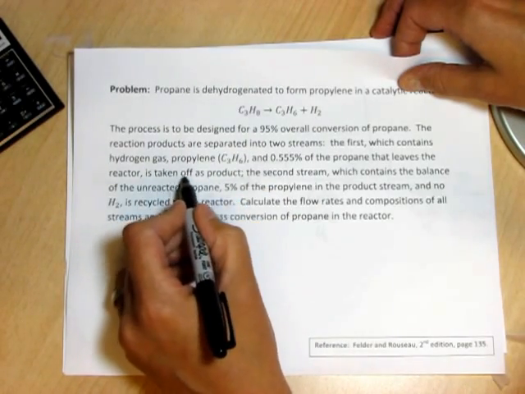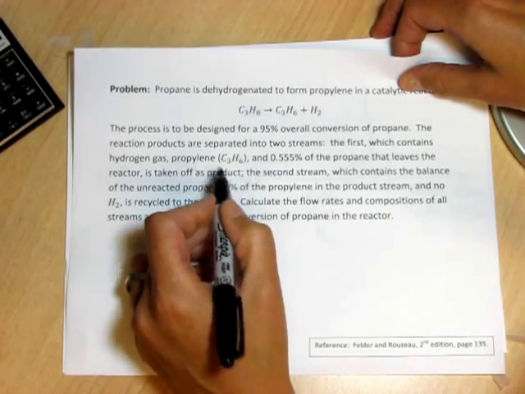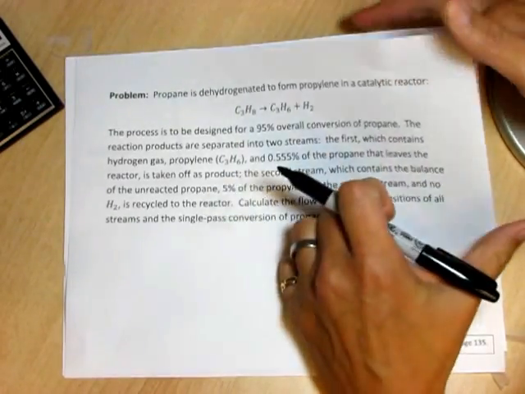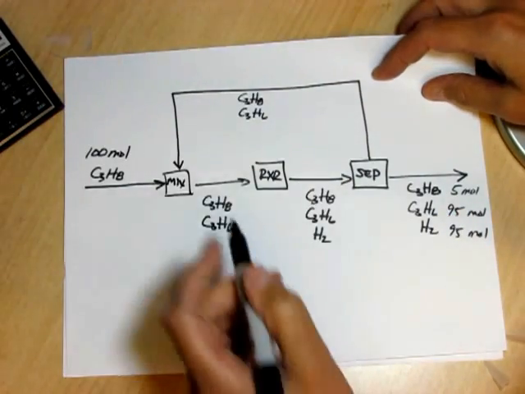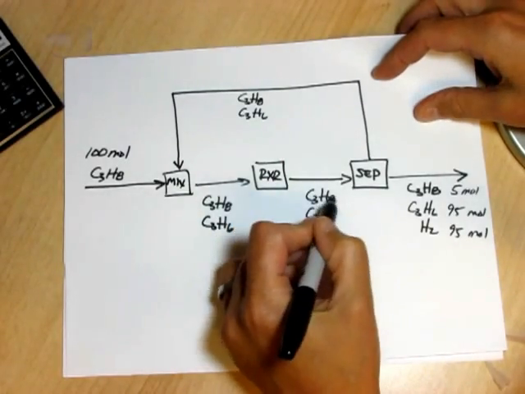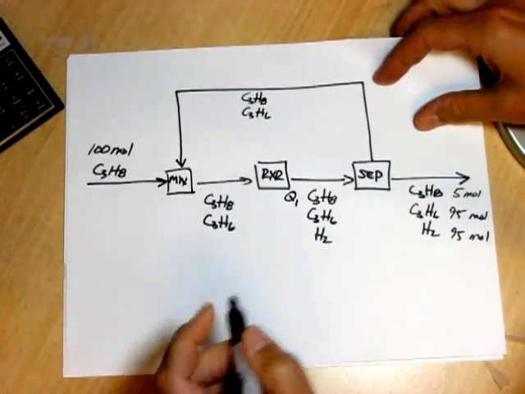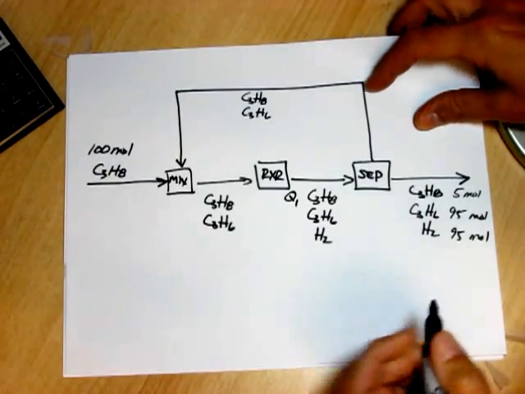So we need the moles taken off as product divided by the propane that leaves the reactor. Propane that leaves the reactor is this stream. I'll call this Q1.